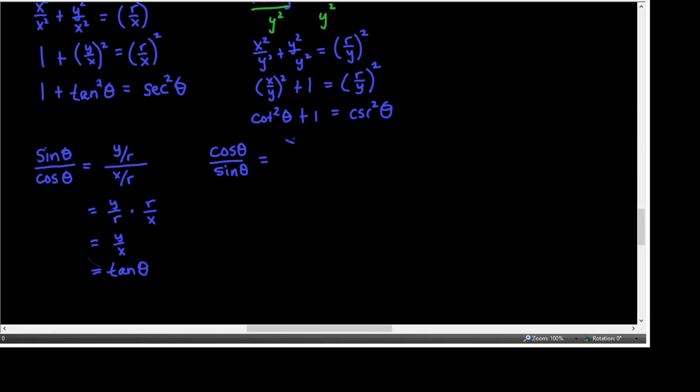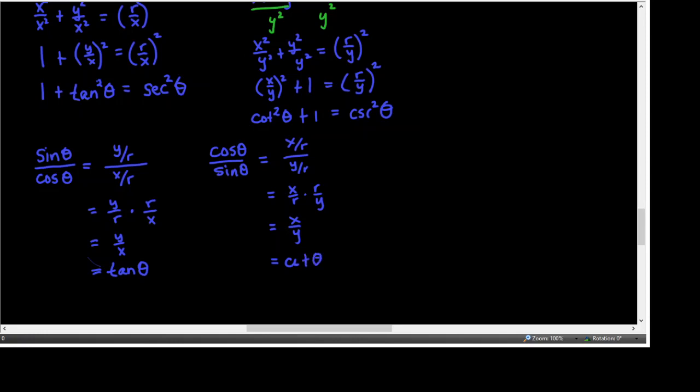Hopefully you got x over r divided by y over r by substitution, which is x over r times r over y by definition of division. And simplification leads me to x over y, and that's the definition of cotangent theta.